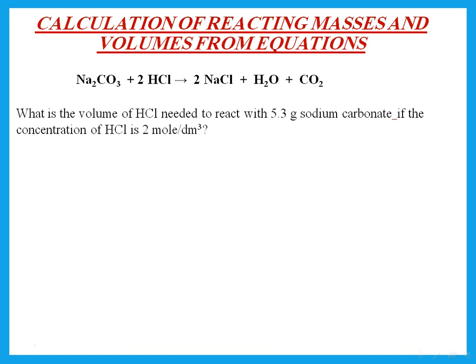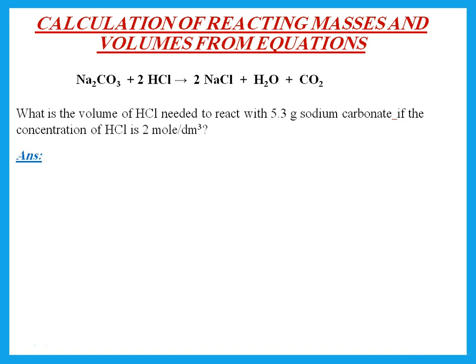Now you have to remember that a balanced equation gives you the ratio between the number of moles. So that equation on top tells me there is no number in front of sodium carbonate, so that is 1. So if I have 1 mole of sodium carbonate, it reacts with 2 moles of HCl to give 2 moles of sodium chloride, 1 mole of water, 1 mole of carbon dioxide.